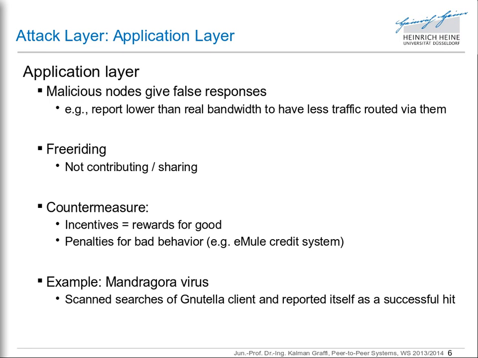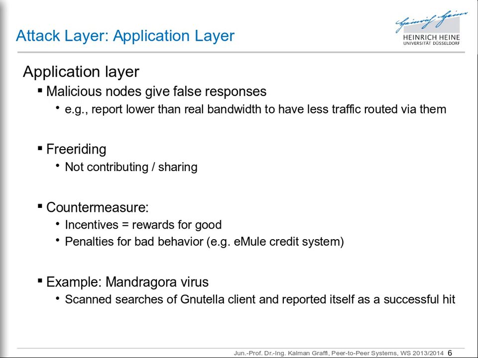So we talked about the possibilities of an attacker, and now we want to look at how to cause harm on different layers. First of all, let's have a look at the application layer. So, for example, malicious nodes may give false responses.